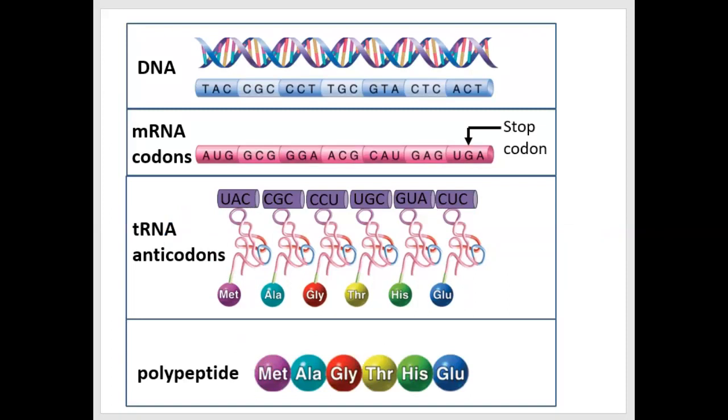We will perform an exercise in class in which you are given a gene sequence as shown in the top box: TAC, CGC, CCT, TGC, GTA, CTC, ACT. Crazy, huh? You should be able to predict the sequence of a primary transcript for this gene sequence.